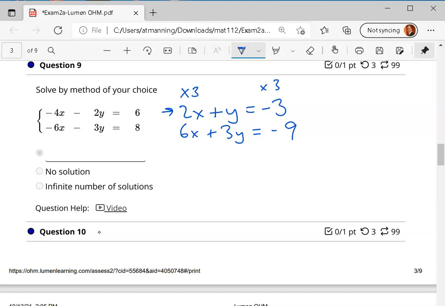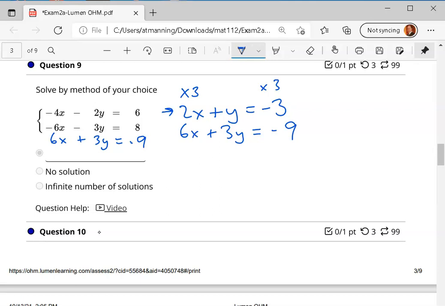Let's just put it right underneath to make that obvious. 6x plus 3y equals negative 9. And if I add these two equations together now, what do I get? This becomes 0, and this becomes negative 1.